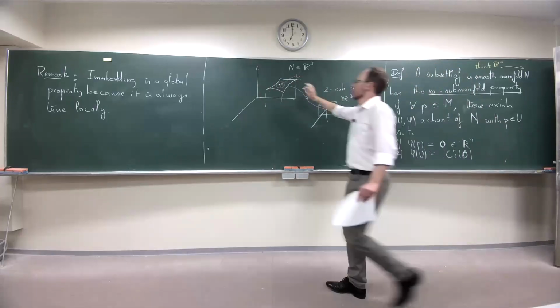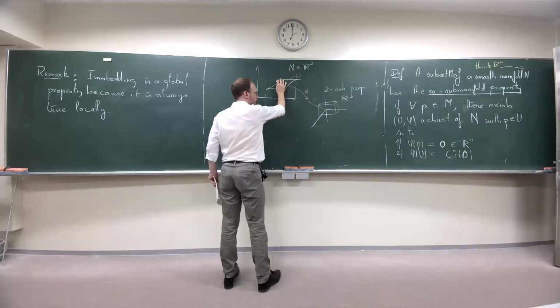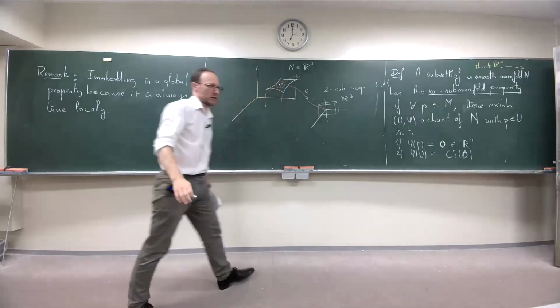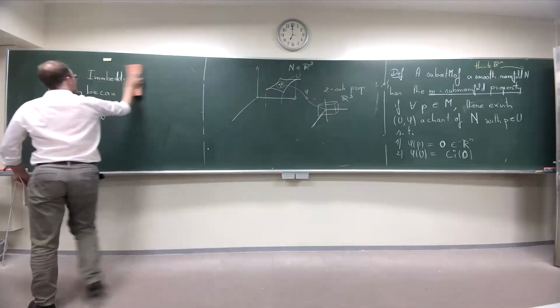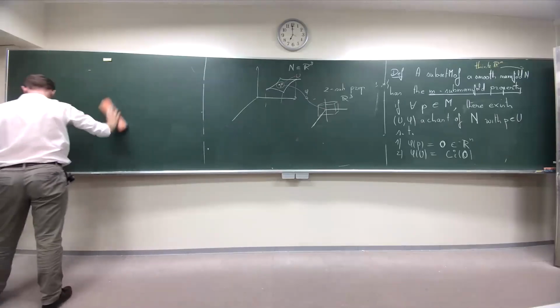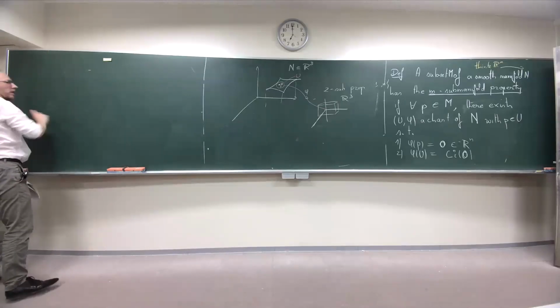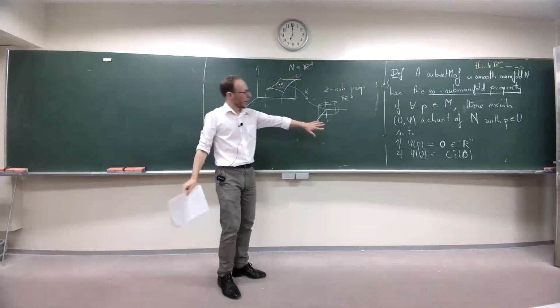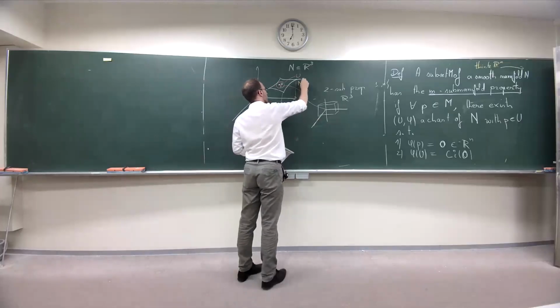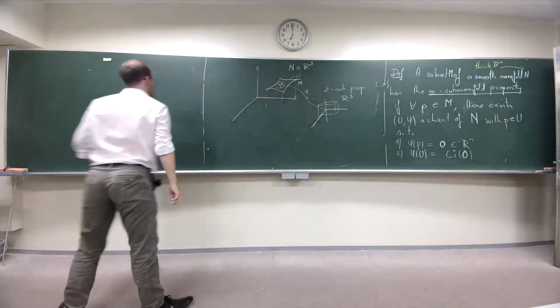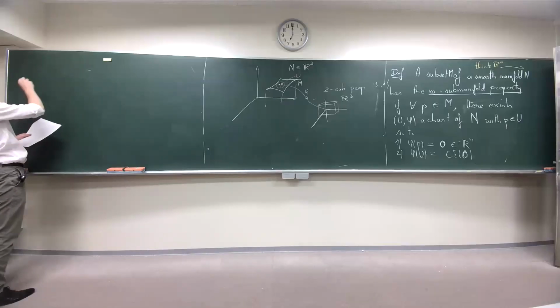So this U, this ball, is sent onto this box. It's on purpose. And what is the third property, which is probably the most important? Look, in these two lines, M did not play any role. M did not play any role, but what is the third one?